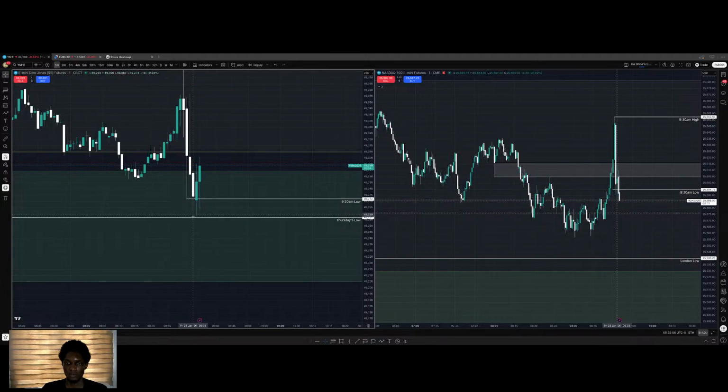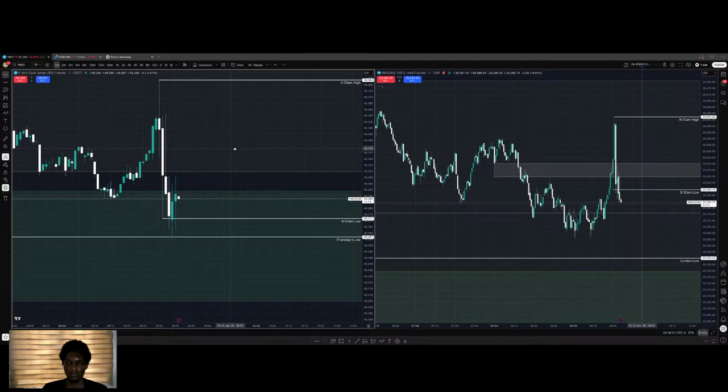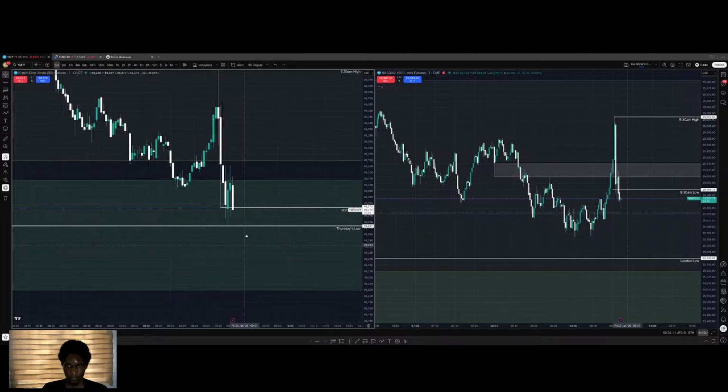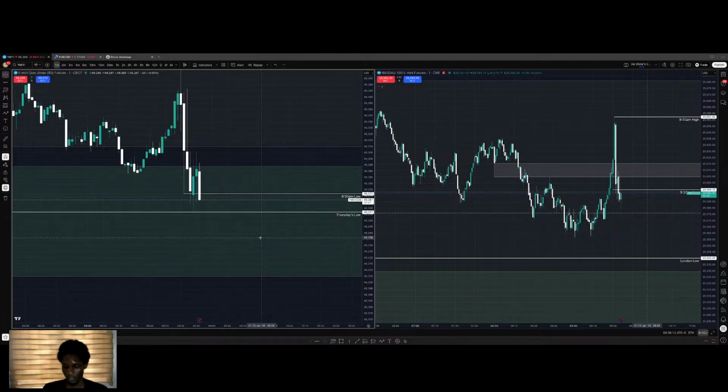We've created equal lows with this low. So I want to see this low get taken. But there's a chance we could also be looking for a sell from this low. Okay, finally.